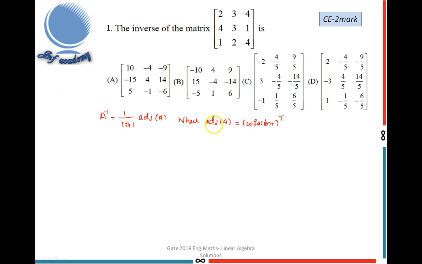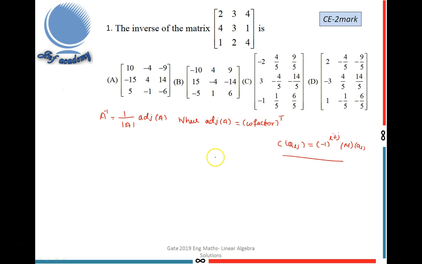If Aij is an element which is in the ith row and jth column of a square matrix, then the cofactor equals minus 1 whole power i plus j into minor of Aij. This is the cofactor of one element.